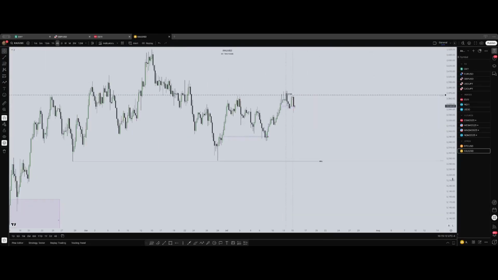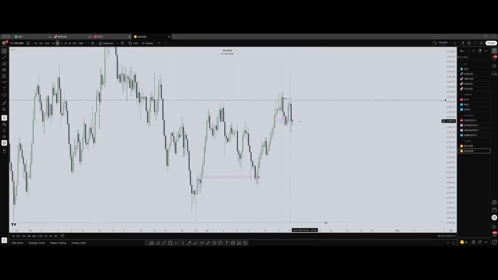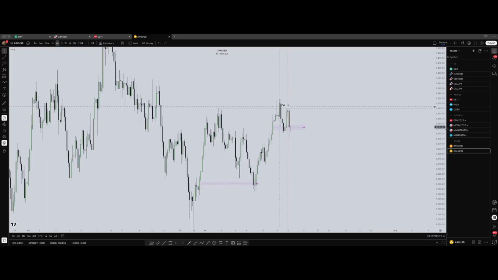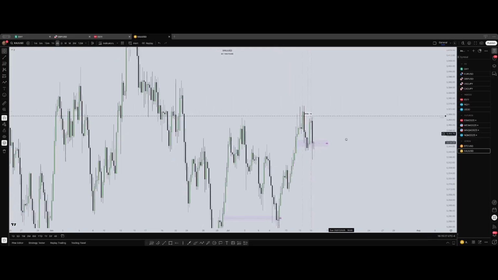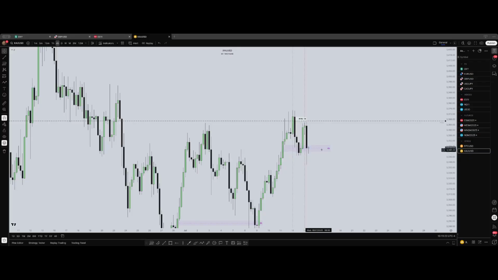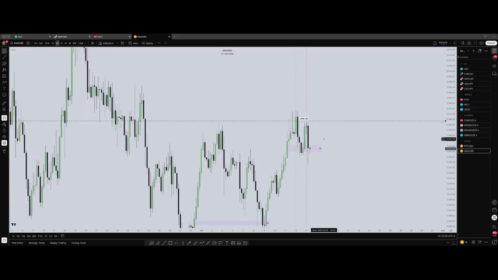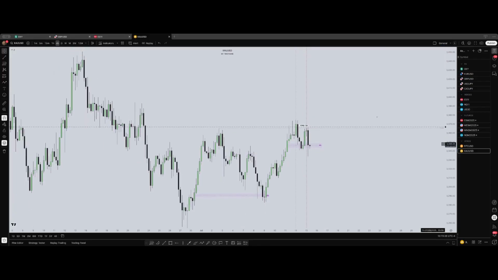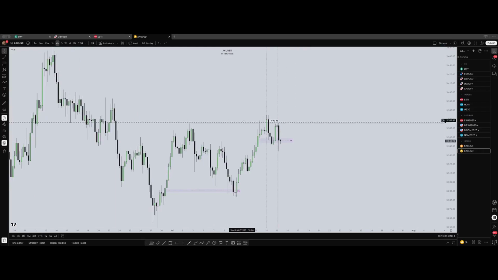We have gold here, a 4-hour fair value gap, holding the price very nicely. As you can see, only wicks making damage. In other words, price may not be interested in going higher or going lower still, so just saying.